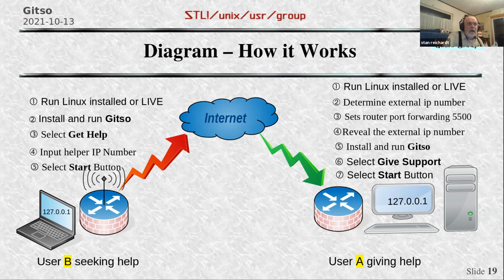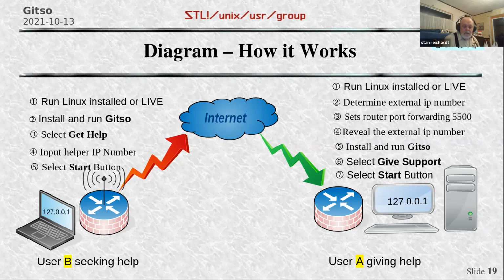One of the things to test, on a laptop in particular, is whether the Wi-Fi works, or on a home station whether the Ethernet is working. So he can even from a live distro install Gitso into RAM and start running it. He selects the help button, inputs that IP number from the helper, and clicks the start button.